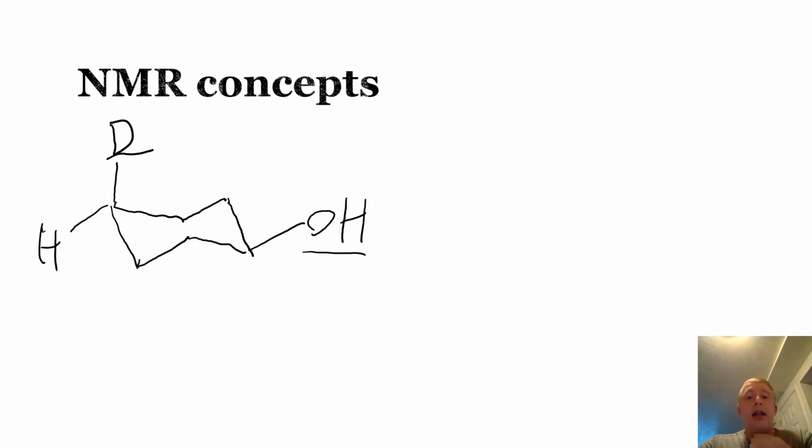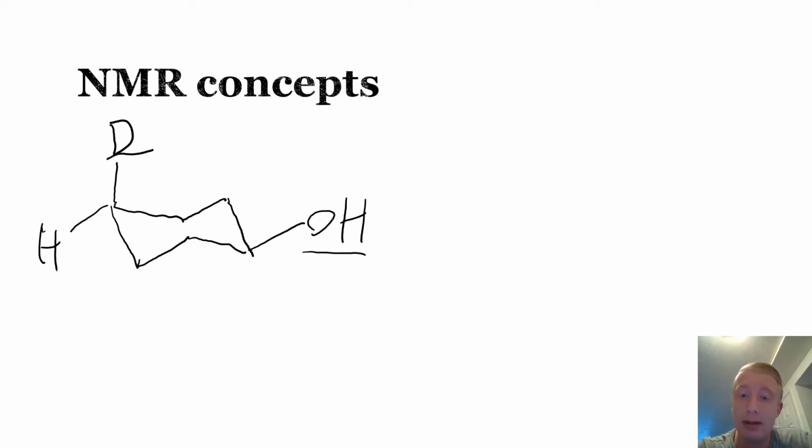So the trans and cis versions of a compound are still going to be considered diastereomers. So even though this compound technically has no stereocenter, switching the location of the deuterium still creates two different diastereomers, making those hydrogens diastereotopic.